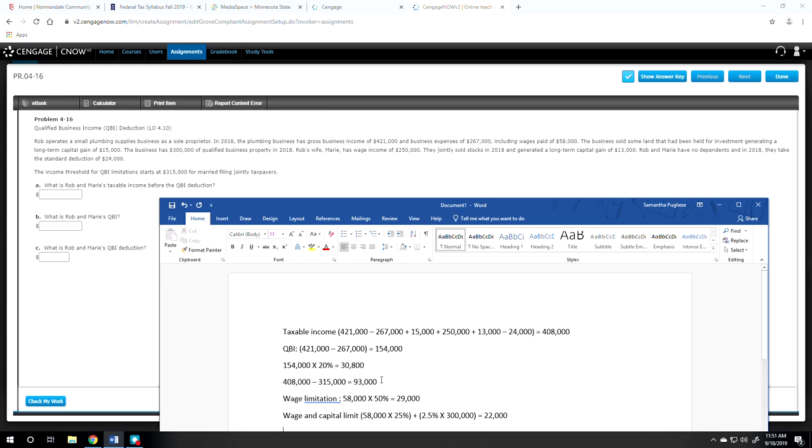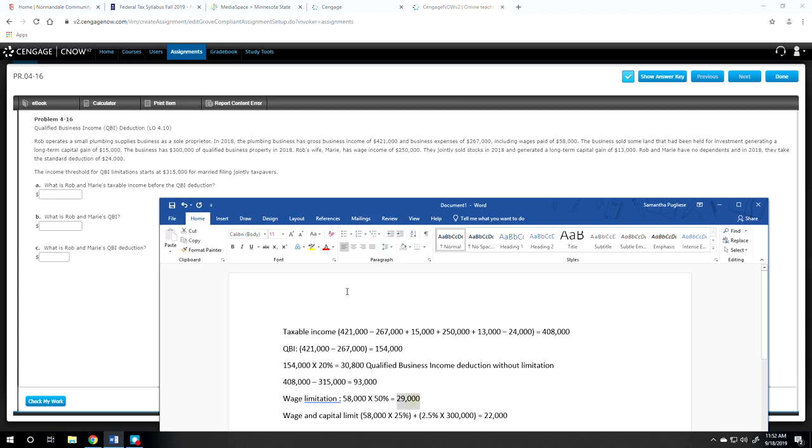Okay, so remember how back up here we calculated that 30,800? That was their qualified business income deduction without limitation. So that's what it was without limitation. But we have these limitations. We just calculated that the limitation was going to be the greater of either this number or this number.